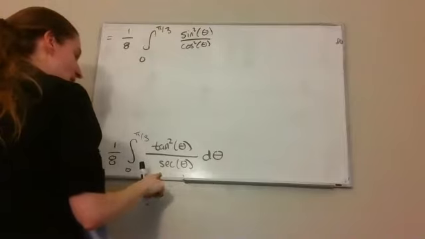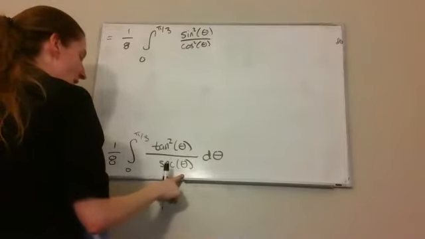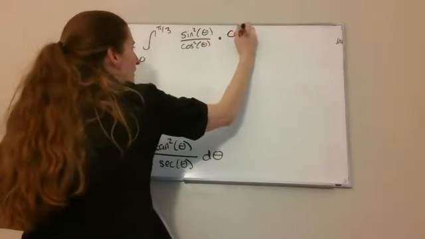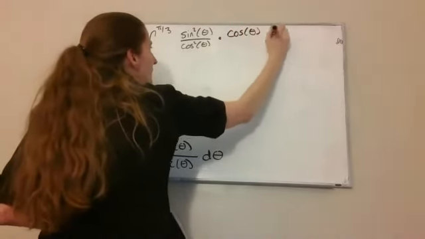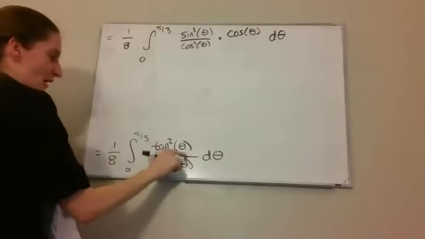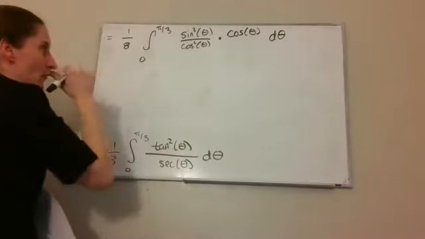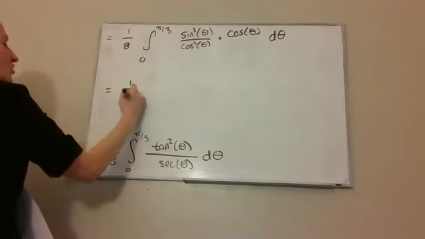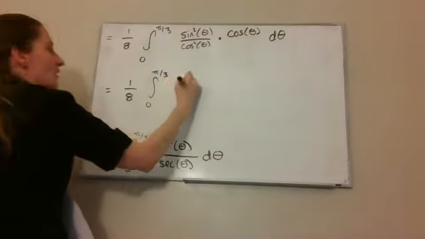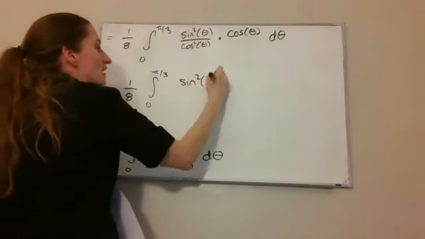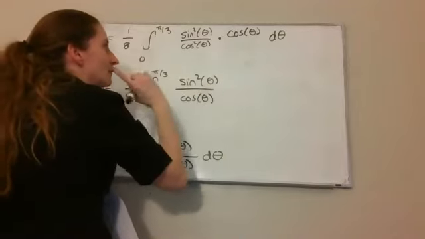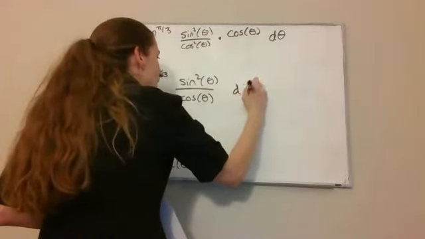And the secant on the bottom is the same thing as multiplying by a cosine. Because secant is dividing by a 1/cosine, so it flips. So changing it to sines and cosines, I can then cancel some stuff out. I get sine squared theta on top, cosine of theta on the bottom, d theta.